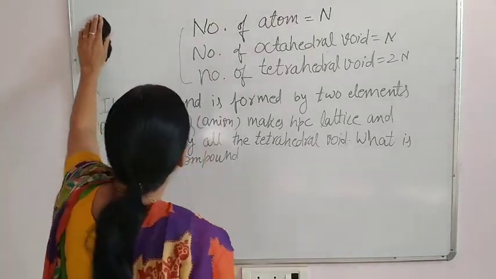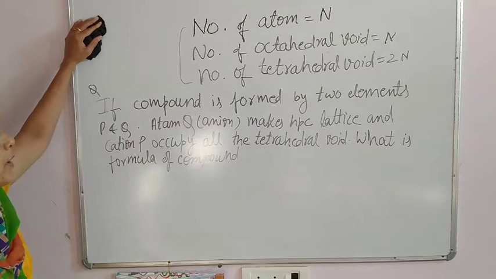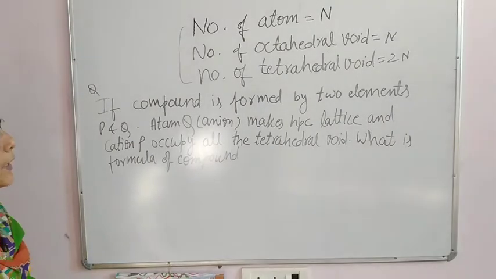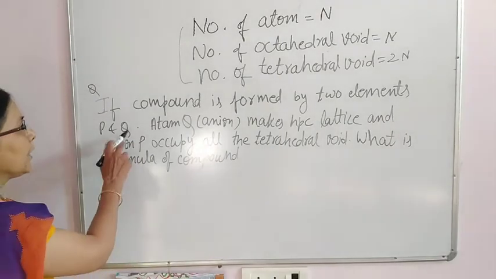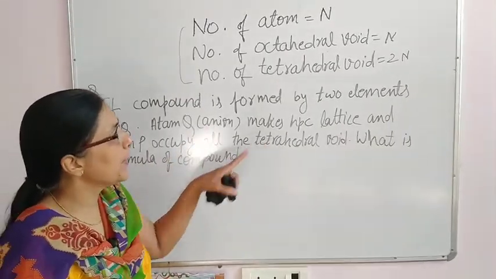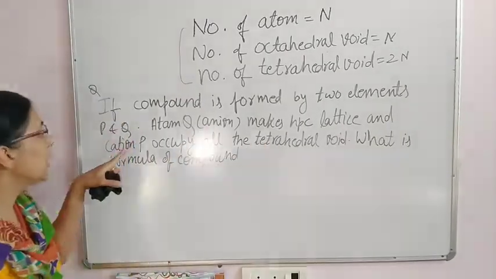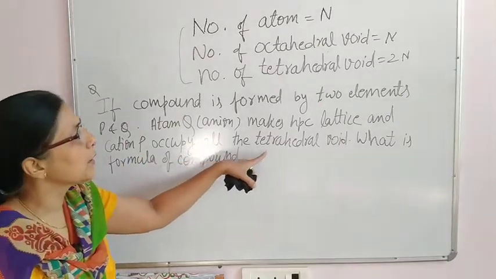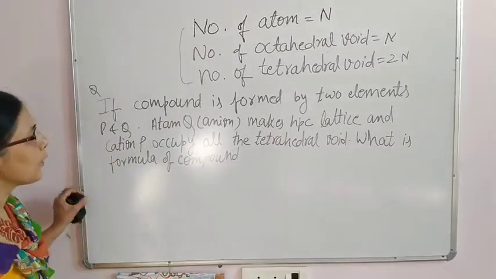Okay, so here there is a question: a compound is formed by two elements P and Q. Atom Q, which is the anion, makes an HCP lattice and cation P occupies all the tetrahedral voids. What will be the formula?